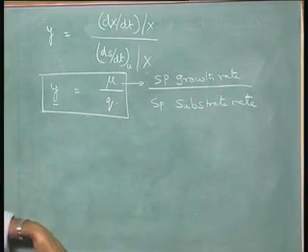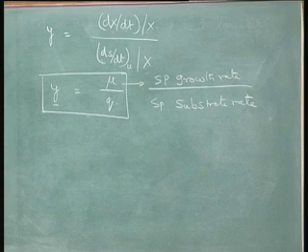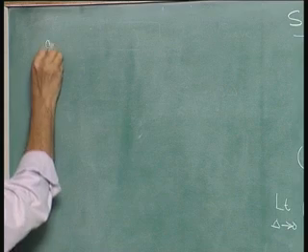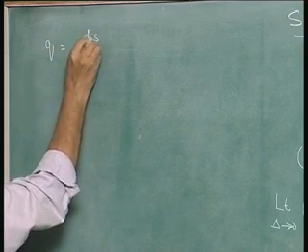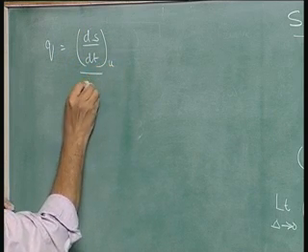So this particular relationship. Now let us take the equation for specific substrate utilization rate. Q is equal to dS by dt utilized over X is the Q value.